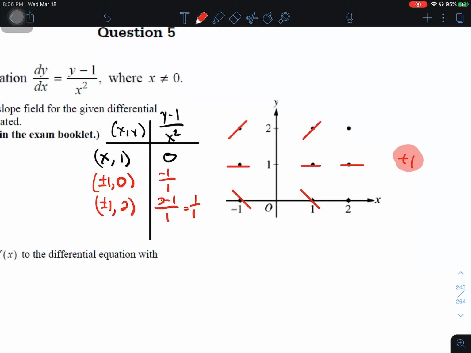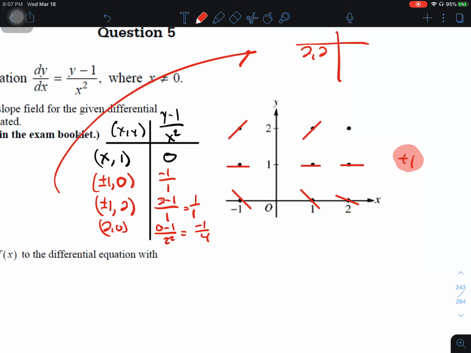And then we're left with 2 more ordered pairs. We've got the ordered pair 2, 0. So that's going to be 0 minus 1 over 2 squared, which is negative 1/4. So that's pretty shallow, but negative. And then the last one, just running out of space here, the ordered pair 2, 2.